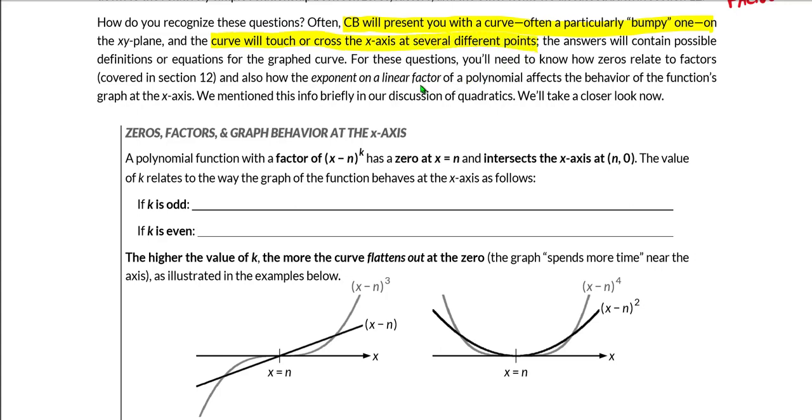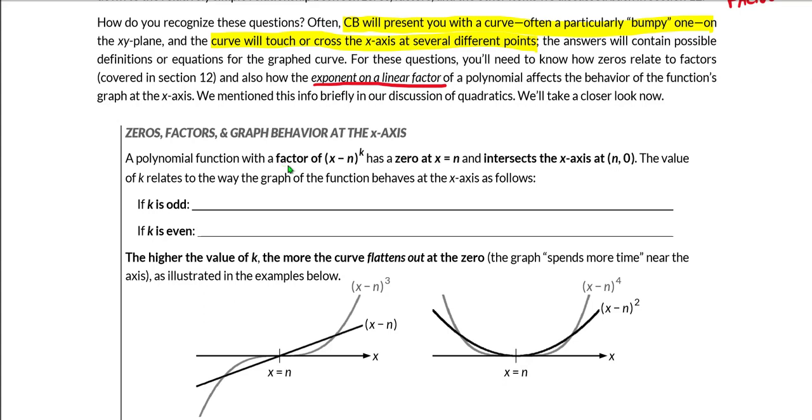We need to know the relationship between zeros and factors, but we also need to know how the exponent on a linear factor is going to affect the behavior of the function's graph at the x-axis. So let's jump into this.